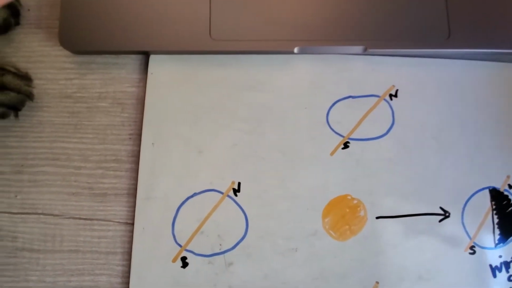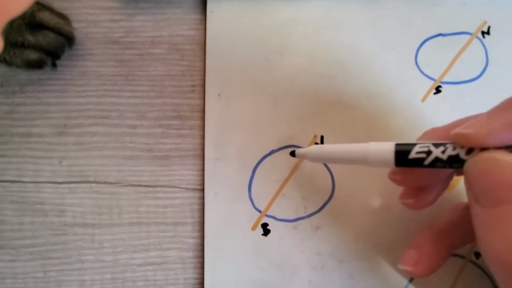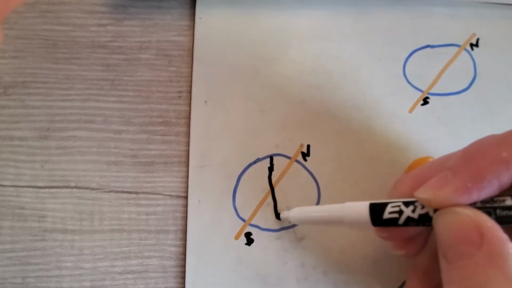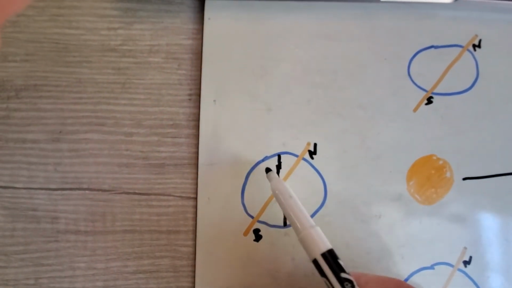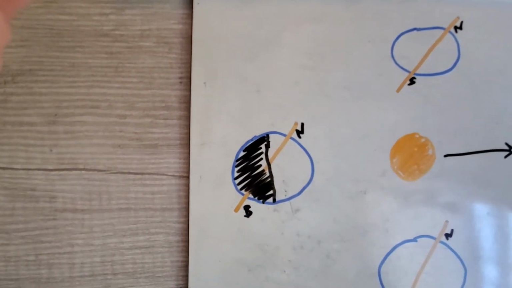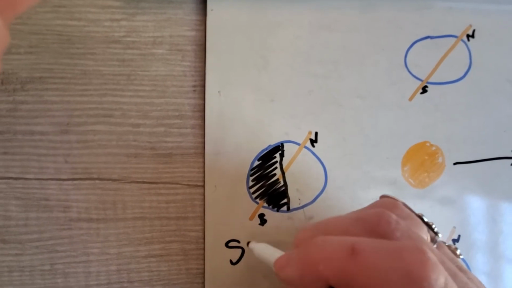Now, let's go to the other side. We also have our circle of illumination. And you can see, now this side is going to be dark. Okay, now let's look. Now, this is actually summer solstice.